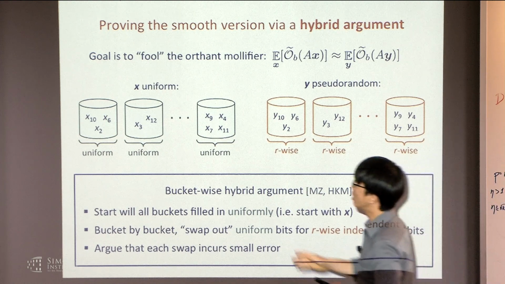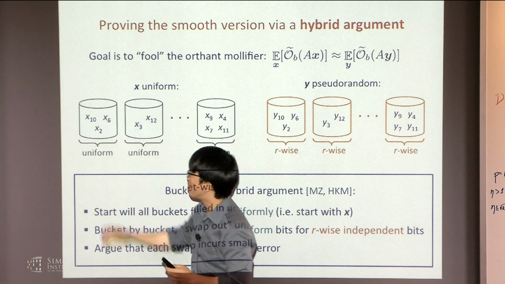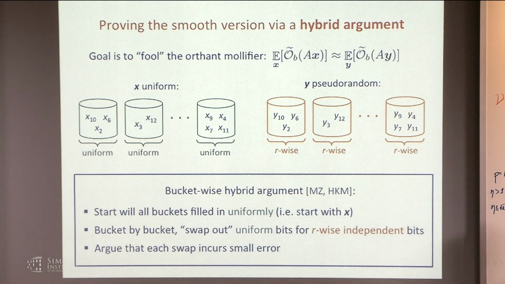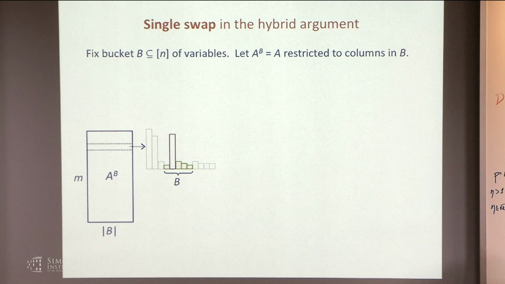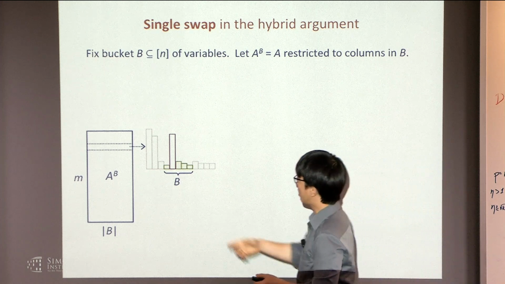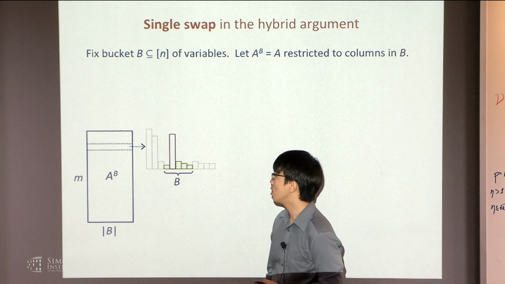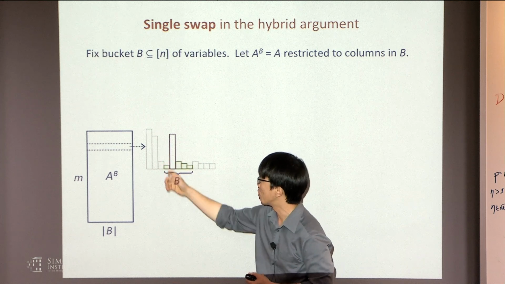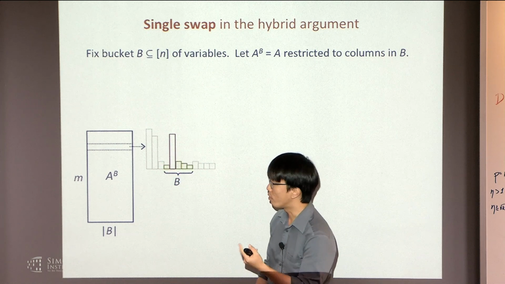Just think about starting off with this and swapping out the first bucket for a bucket of R-wise independent bits. Okay, so fix a bucket of variables. You started off with A, which encoded your weight matrix over all n variables. You can restrict it to the variables in your bucket. So these are the variables that fall within bucket B. Think of it as the first bucket. There are some large variables, and if you ignore the large variables, for every row, there are a few of them, at most 10.